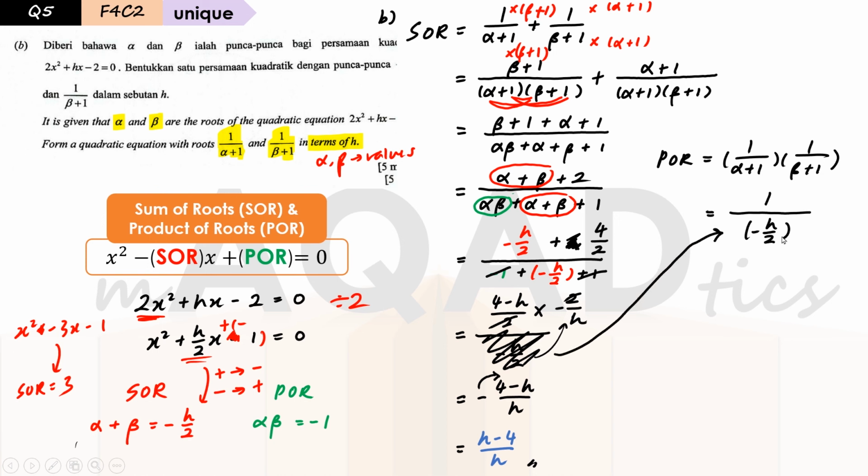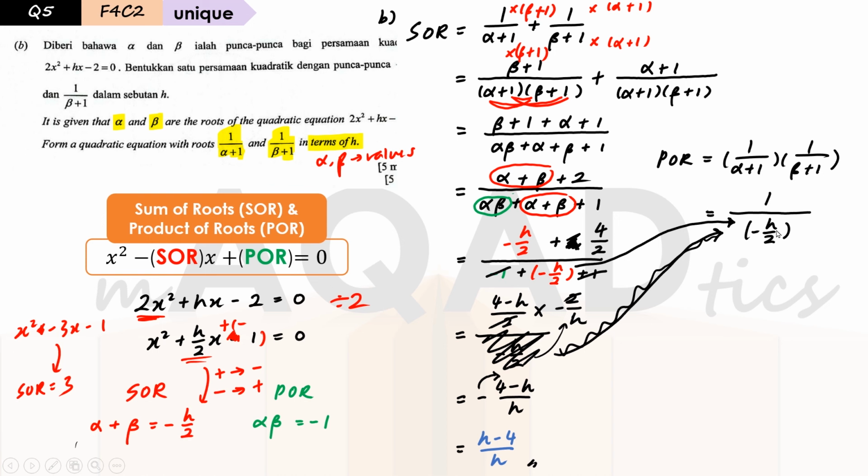Oops, sorry, it's not this one, it's this one. Because I already crossed off this one, basically you cannot see, but we can see it here. So it's negative h over 2. We don't need to do the working again because we have already shown it in SOR. You won't be deducted marks for this.